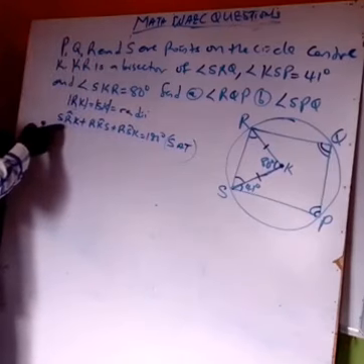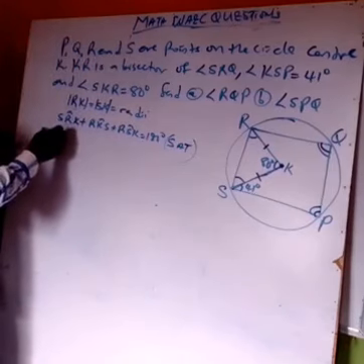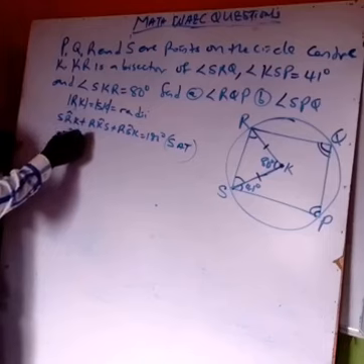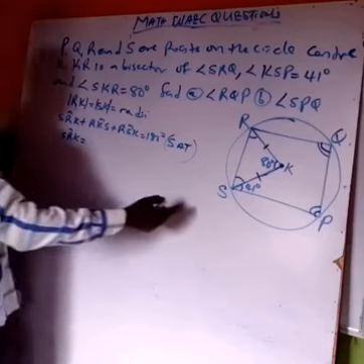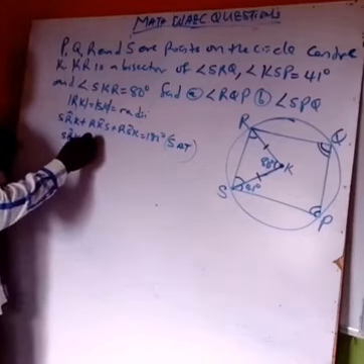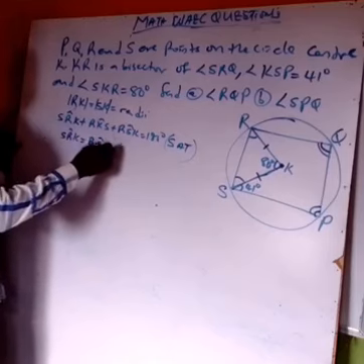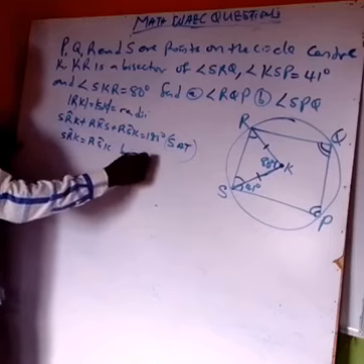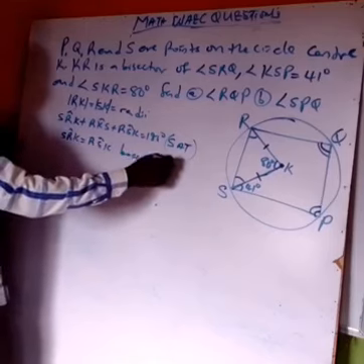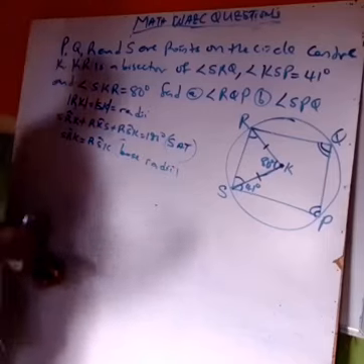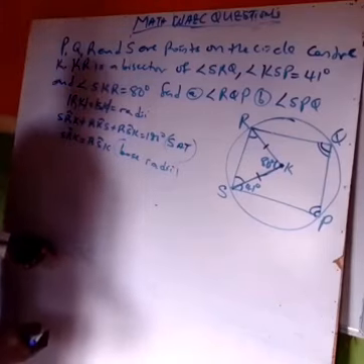Then you say that angle RSK equals angle SRK, since it's base radii, or base angles of an isosceles triangle, as the case may be.